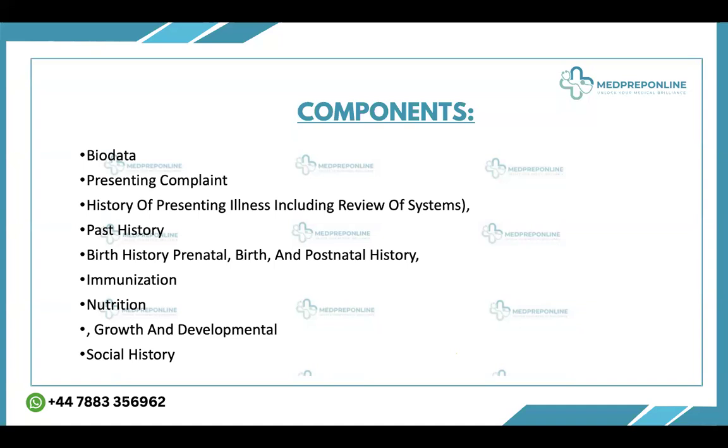So, in history of present illness, you have to include review of the systems as well. That's very important. Review of the systems means, let's say you have a presenting complaint related to GIT, like the child was vomiting and then had some loose stools for the last 1 week, and the parent tells you that he has some wheat allergy.